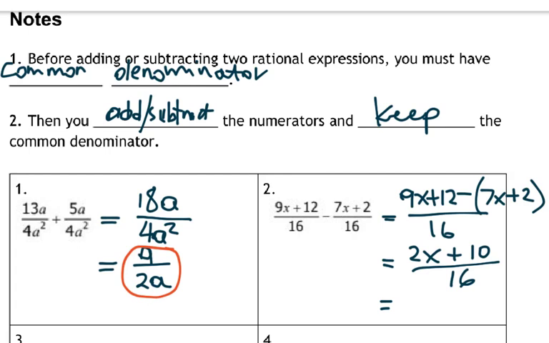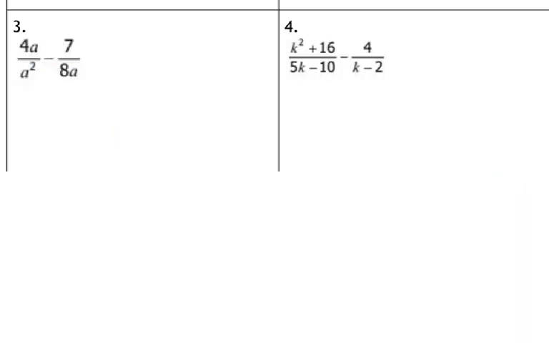So to reduce and simplify this expression, notice that 2x, 10, and 16 are all divisible by 2, so we can reduce by 2 to get x plus 5 over 8. And that's my final answer in simplest form possible. Okay, let's look at more examples. They're all different, so we need to do each type at least once.